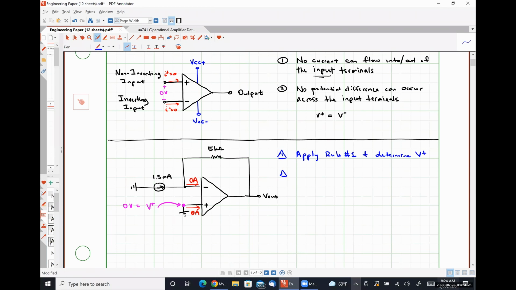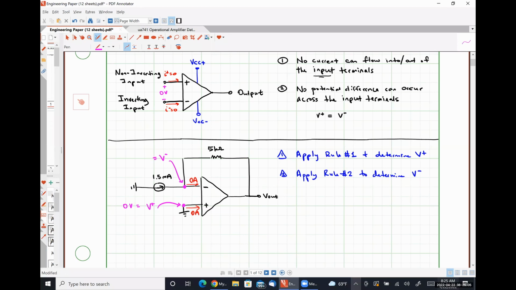Step number 2 is going to be apply rule number 2 to determine V minus, the voltage present at our inverting input node. So this guy right here.